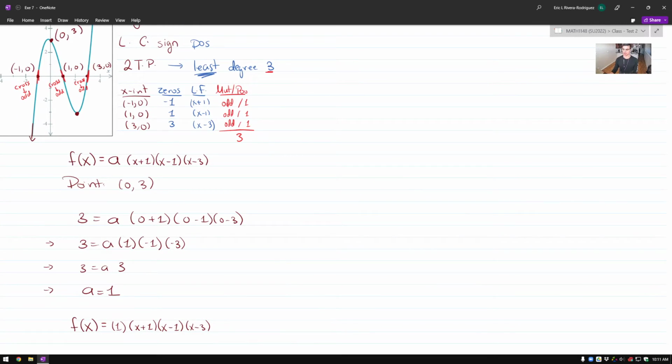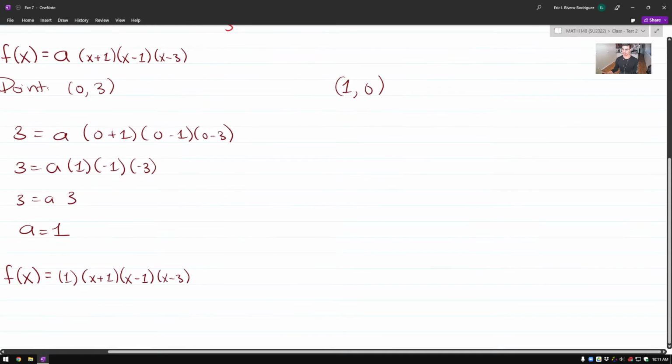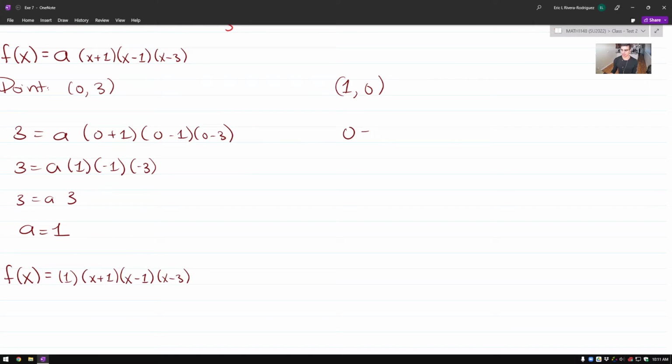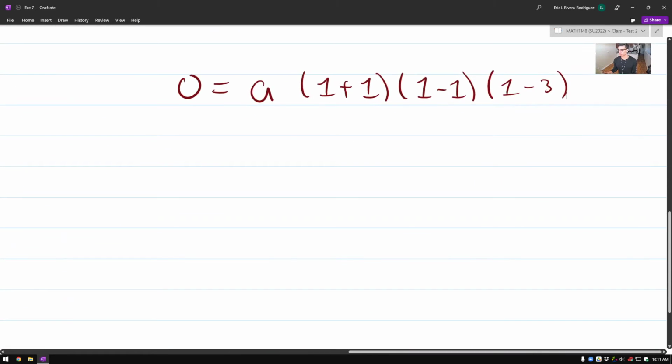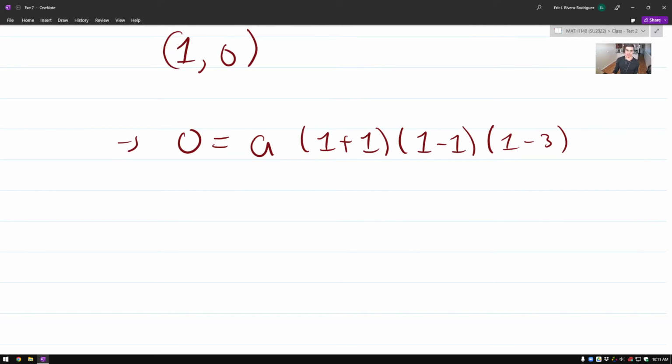I'm going to use here the x-intercept (1, 0). So we are going to solve for a.